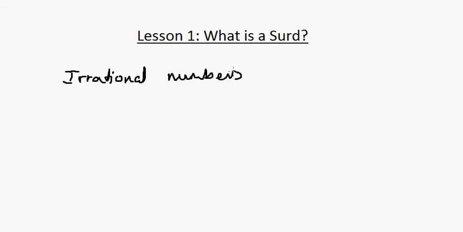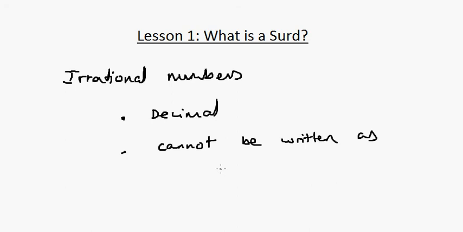It is the complete opposite of a rational number. So it can be a decimal, but it cannot be written as a over b, where a is an integer and b is an integer.